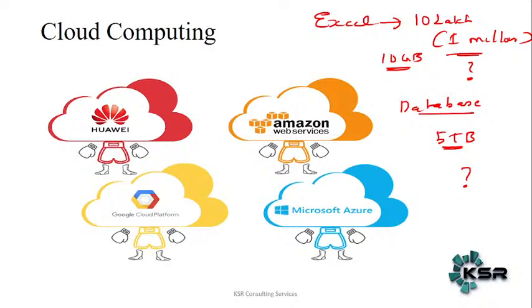I'll give you a simple example. You want to store 10 terabytes of data. Assume that you want to store it on your laptop without asking anyone else. Your laptop has 1 terabyte of space and the price is 1 lakh.